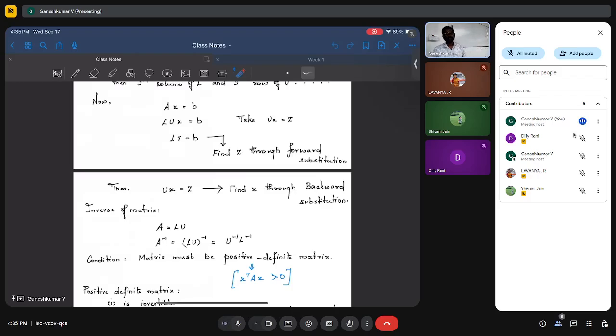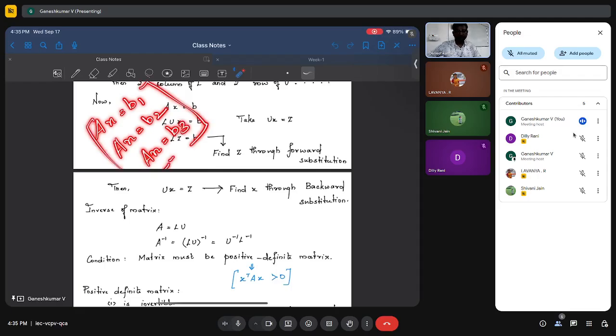For example, you might end up having some scenario such that you will have AX equal to B1 and AX equal to B2 and AX equal to B3. So you will end up having 3 sets of linear systems of equations to be solved for. You can write x1, x2 and x3.